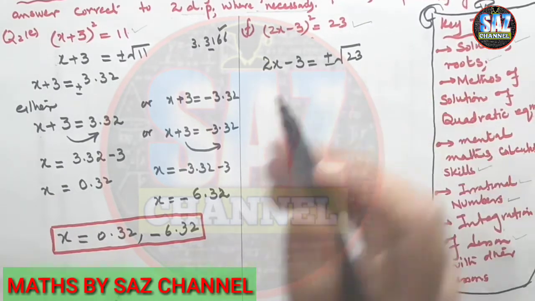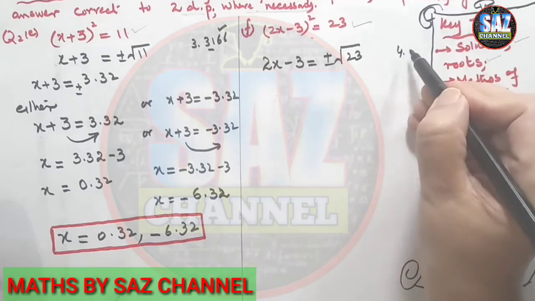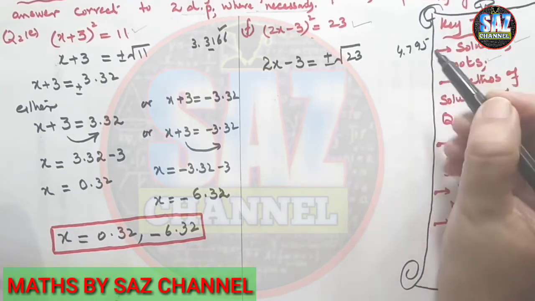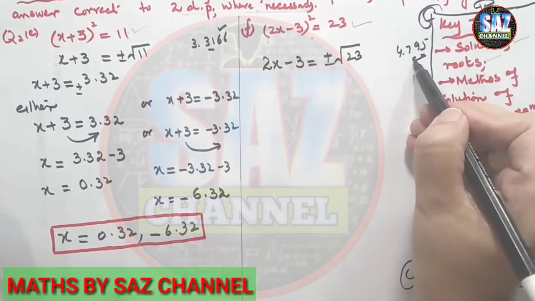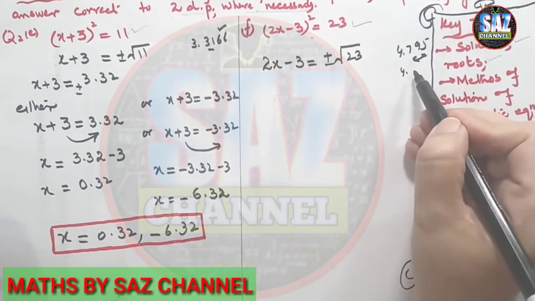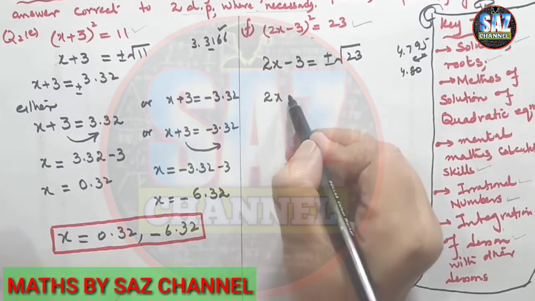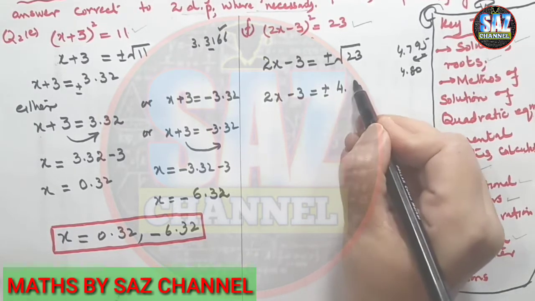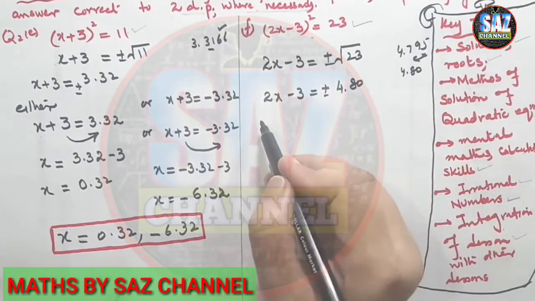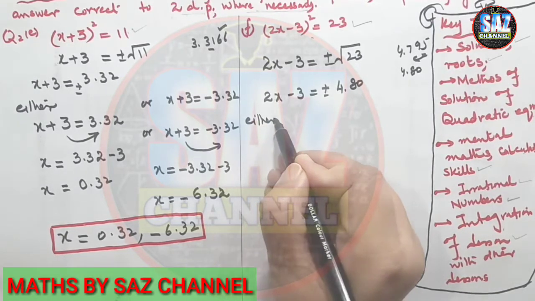Now I have to go to the calculator and check the square root of 23, which is 4.795. As I have 5 at the third place, my number will become 4.80. So I have 2x minus 3 equals plus or minus 4.80.